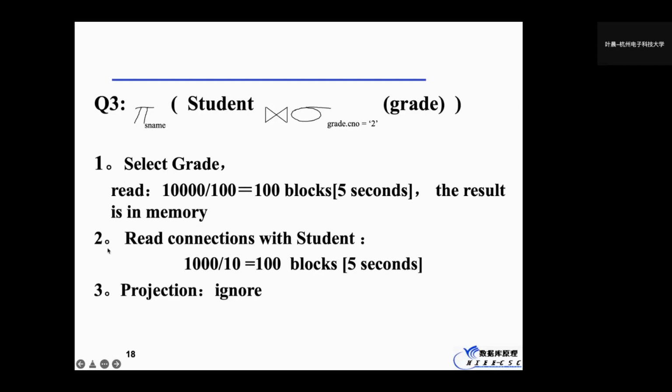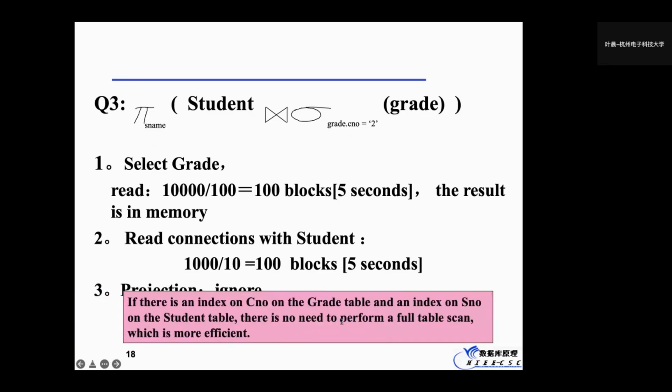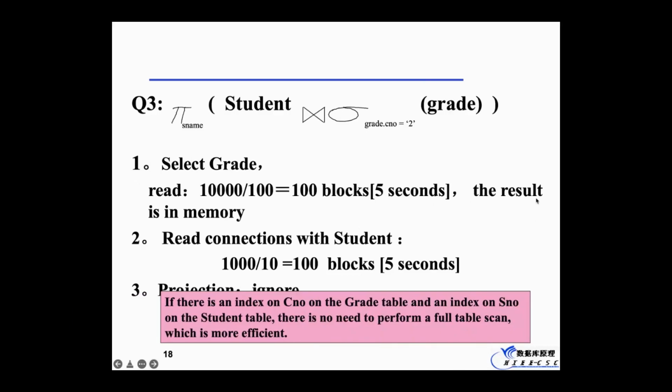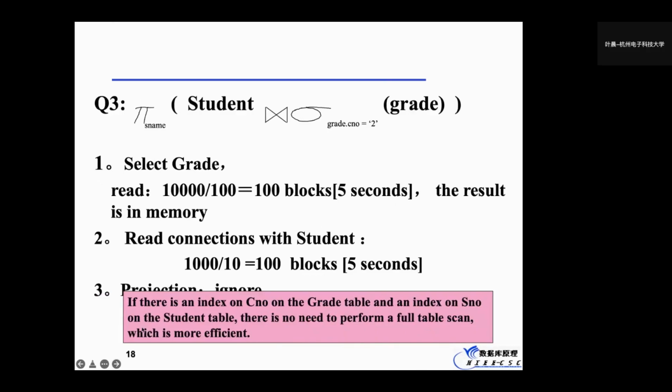So we can see this solution is the fastest. It costs the least time. So if there is an index on CNO on the grade table and an index on SNO on the student table, there is no need to perform a full table scan, which will be more efficient.